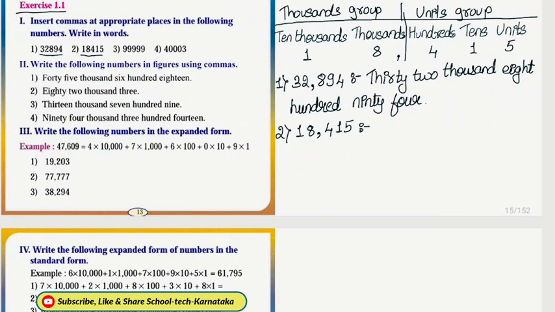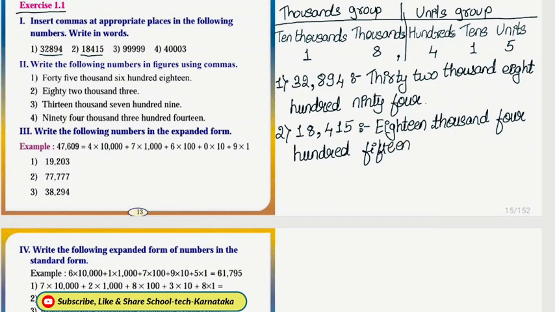How do we write this in words? 18,000 415. 18,415.